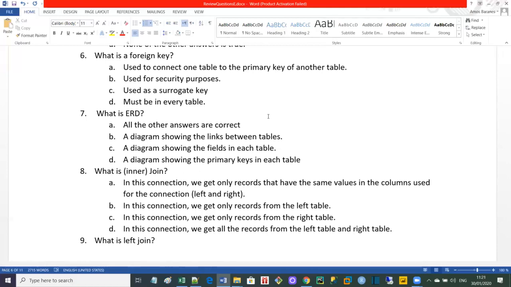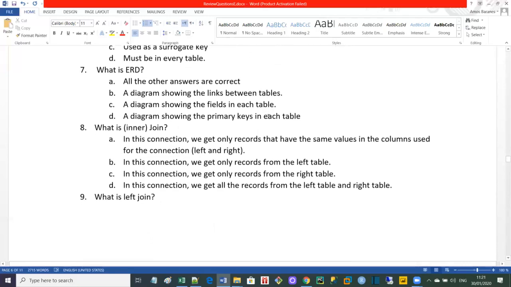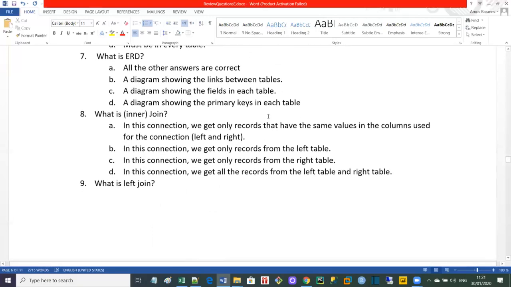In the example I gave, we're connecting a column in the fact table to a column in the dimension table, which is the primary key of the dimension tables. Let's look at 7. We used ERD without even noticing when we created the links between dimensions and fact tables.